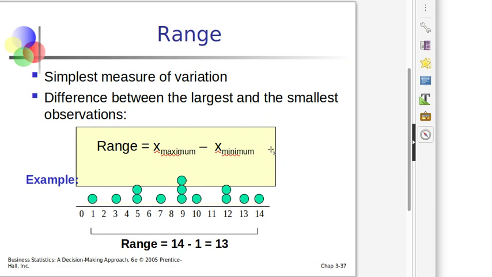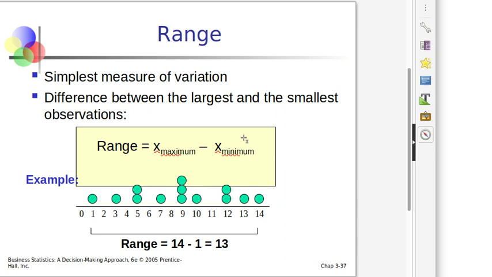That's the range. In that lab exercise, the range of ages is 36, right? Because the oldest is 62 and the youngest is 26.